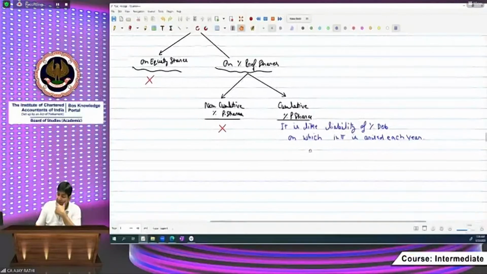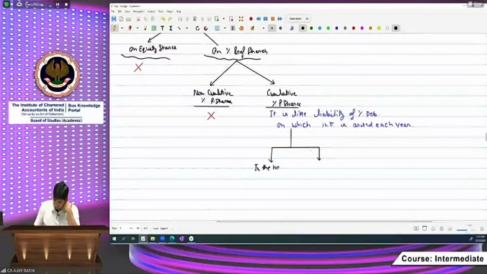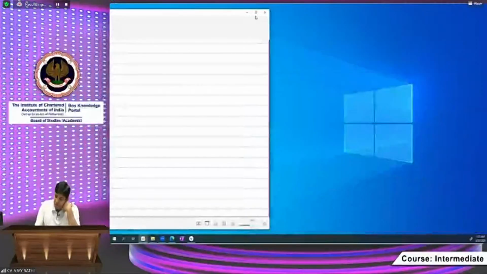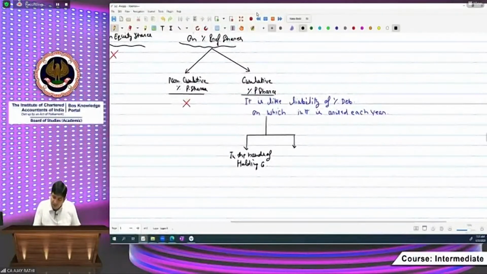Hence in this case, there may be cumulative preference shares in the balance sheet of the subsidiary company. In the case of a subsidiary company, there may be two cases. One is when they are in the hands of the holding company, then also we have to ignore the treatment for the same.